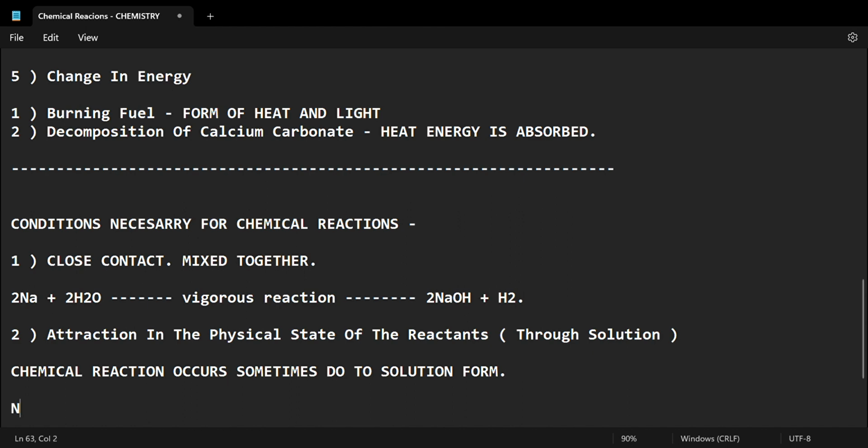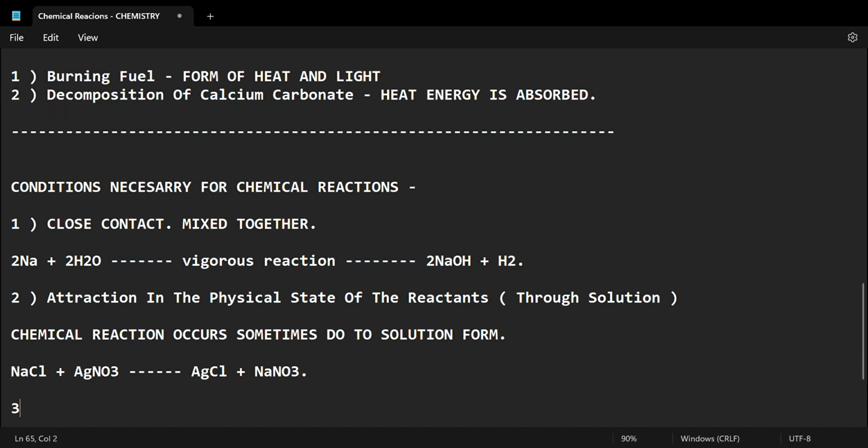Let me write it: NaCl, which is sodium chloride, our common salt, plus AgNO3, we have seen this solution before as well, becomes AgCl plus NaNO3.